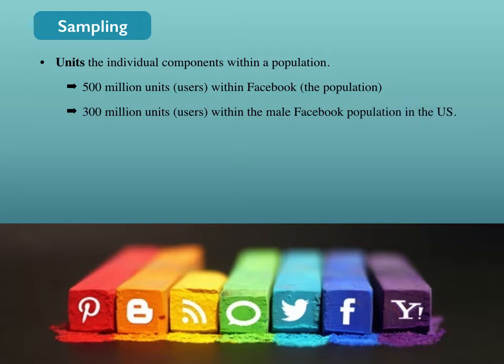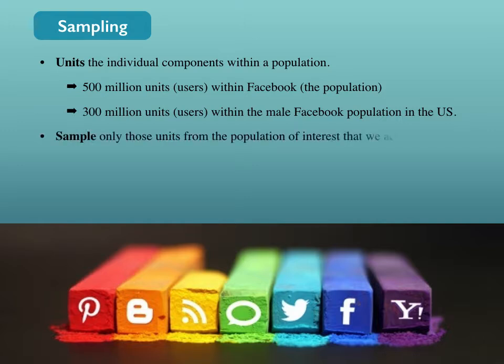Units are the individual components within a population. When we are interested in a population, it is often impractical to try and study the entire population. For example, if the population we were interested in studying was Facebook users in the United States, this could be millions and millions of users or units.